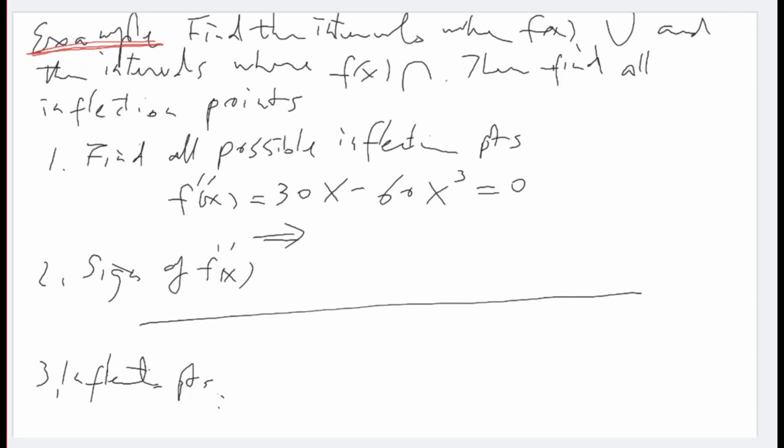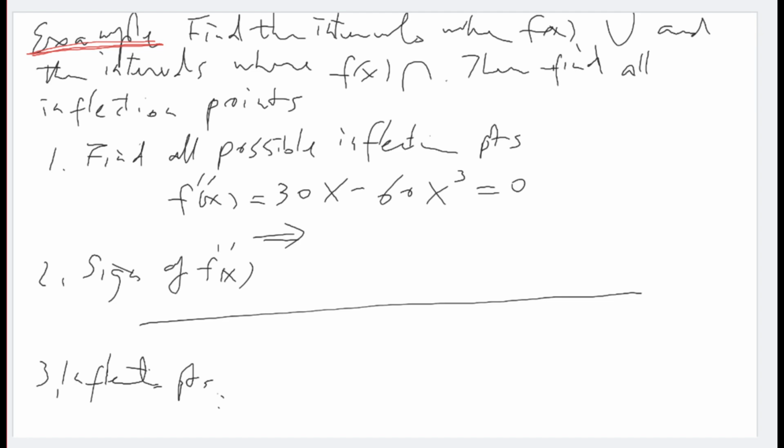All right, let's see an example. Oh, okay, not example yet. This is not an example, sorry. Oh, yeah, it is. I'm sorry. All right, so here, yes. I thought I didn't have the function. So find the intervals where the function concaves up and the intervals where the function concaves down, then find the inflection points.